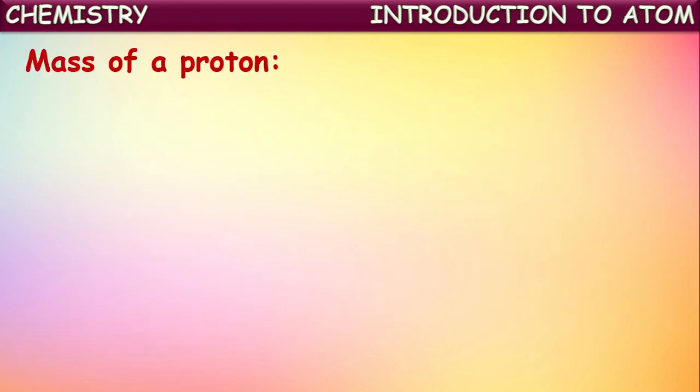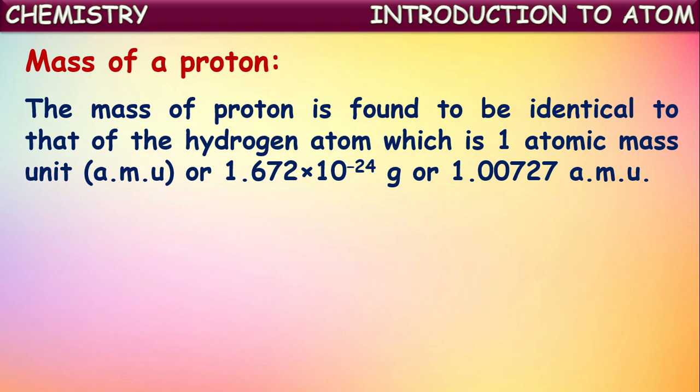Next, mass of proton. The mass of a proton is found to be identical to that of a hydrogen atom, which is nearly 1 atomic mass unit. The mass of a proton is equal to the mass of a hydrogen atom, which is nearly equal to 1 atomic mass unit. This is the smallest standard of mass, which is equal to 1.672 into 10 to the power of minus 24 grams.